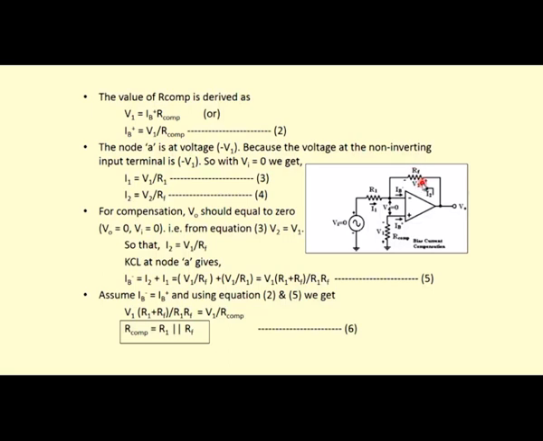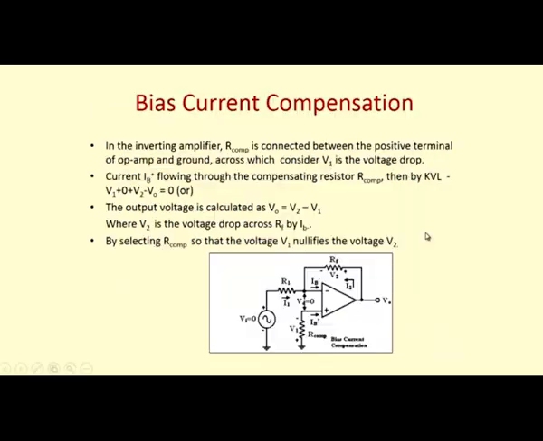If the R compensation is used, then the output voltage will be equal to 0. So, V1 is equal to V2, because in the last equation we have seen that V0 is equal to V2 minus V1. If these two voltages are equal, then only the output voltage will be equal to 0.